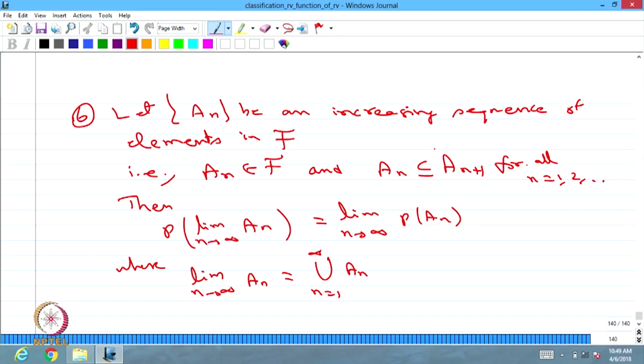Similarly, one can go for a sequence of elements which are decreasing.